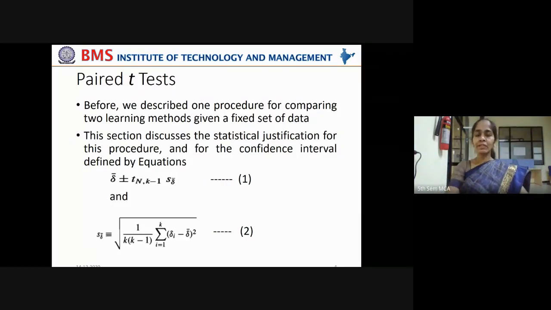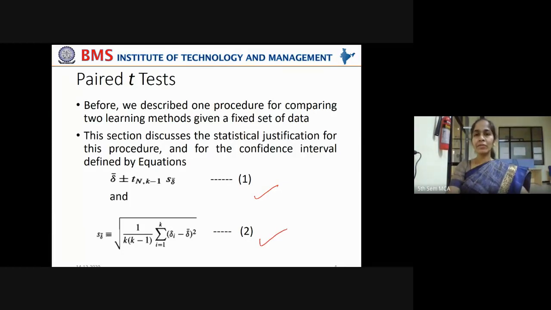Now, in the previous session we described one procedure for comparing two learning methods given a fixed set of data. That is what I have told you now, k-fold validation, or sometimes we call it k-fold cross validation, right? By dividing the data set into k partitions. Now in this section, we discuss the statistical justification for this procedure and for the confidence interval defined by these equations. Why do we need statistical justification?